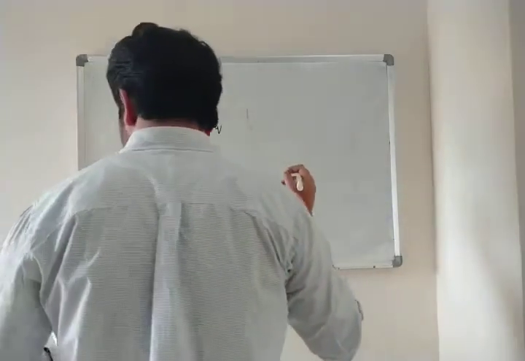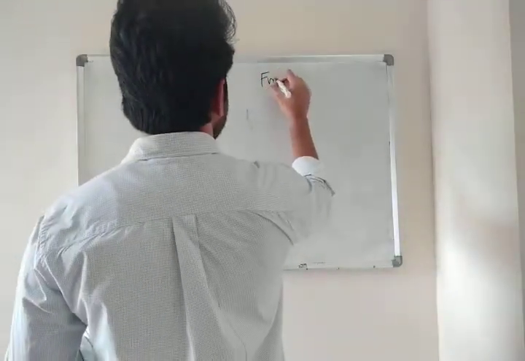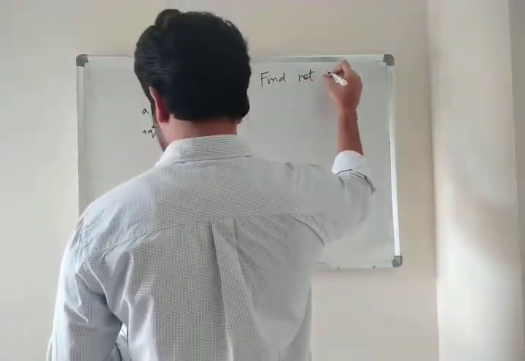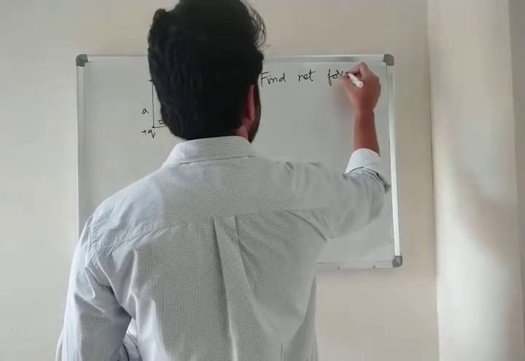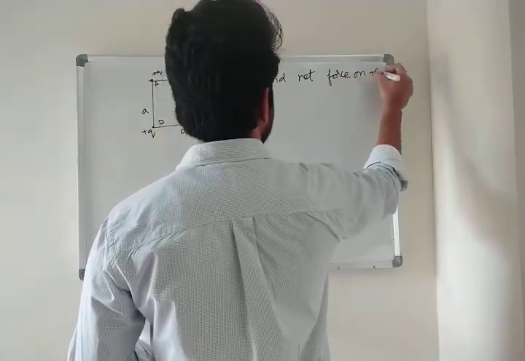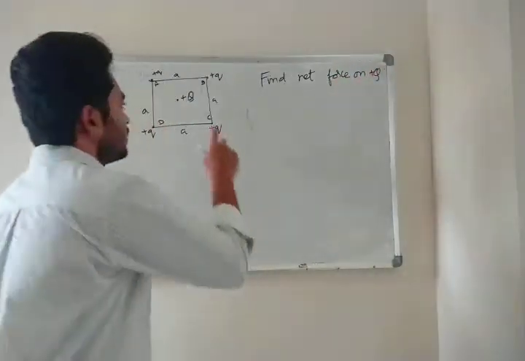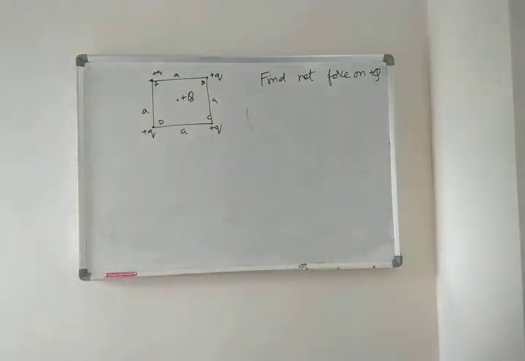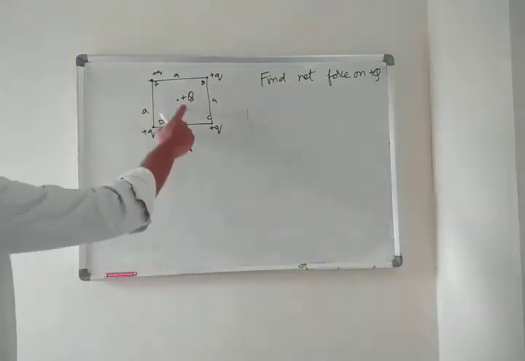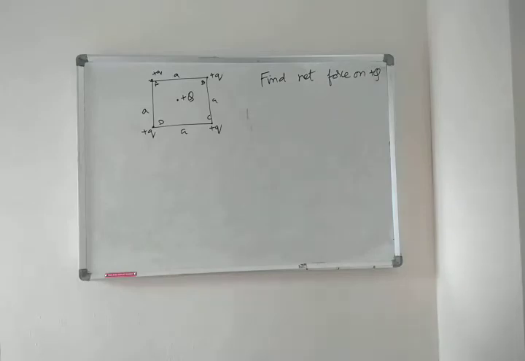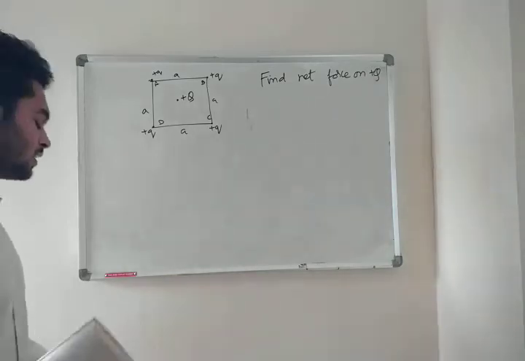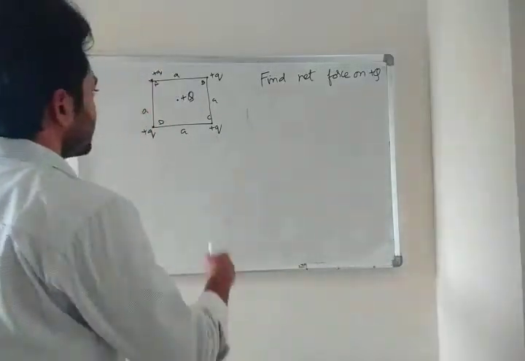Now the question is, find the net force on the plus Q at the center. Now just think for a second, what may be the net force on positive Q. So there is a small statement here.